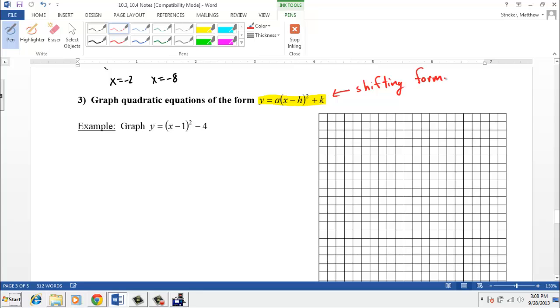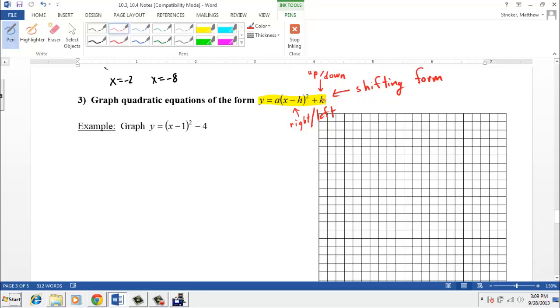This tells us that our vertex, and actually our entire quadratic for that matter, has been shifted right or left, depending on what h is, and up or down, depending on what k is.